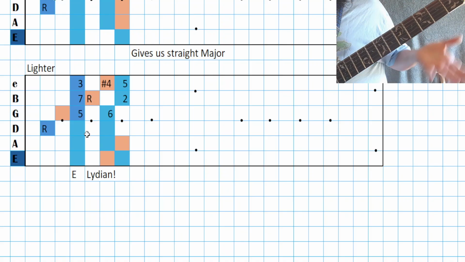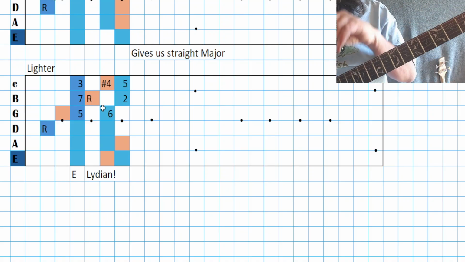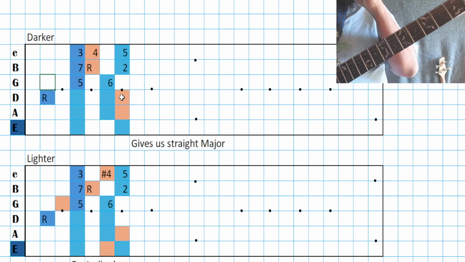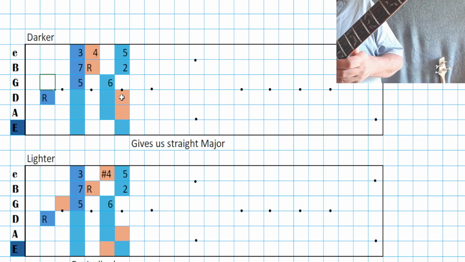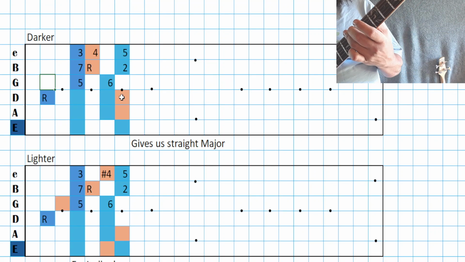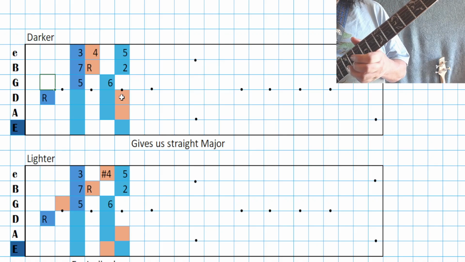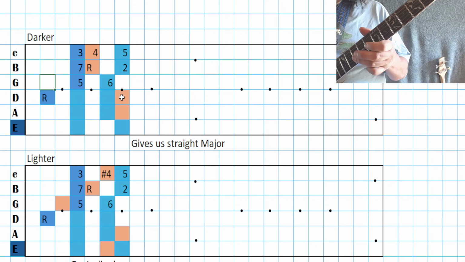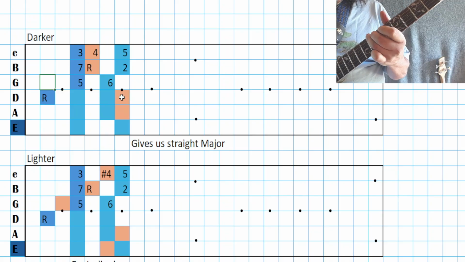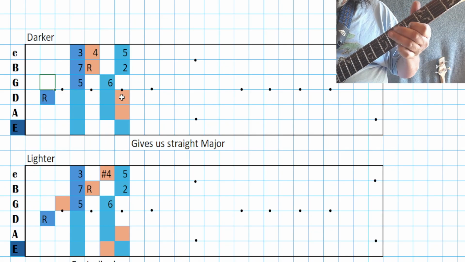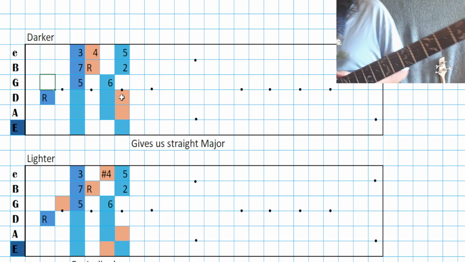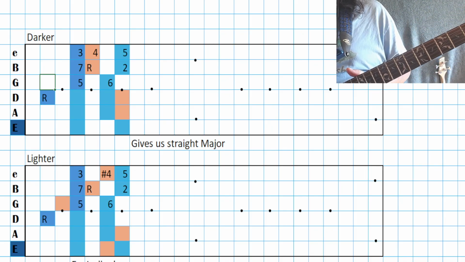And so you can use that in a song. If you just need E Lydian in a song, you know how to get it. If you just want E major, if you want any major anywhere else, you know where your root is. Alright, so cool. Let's move on to our next one here.